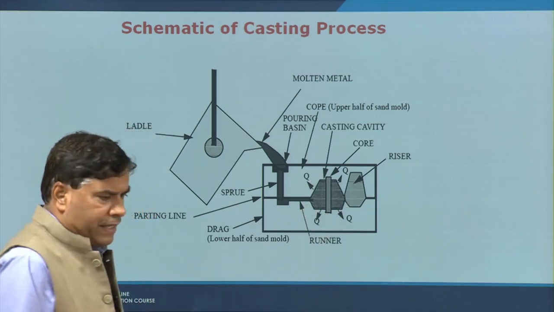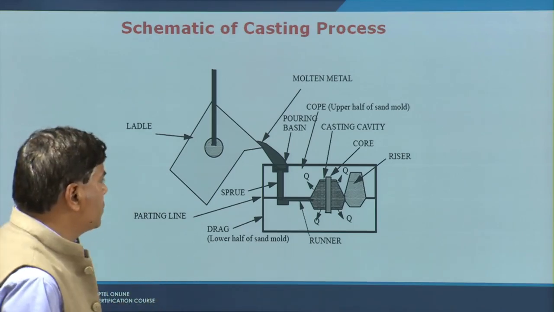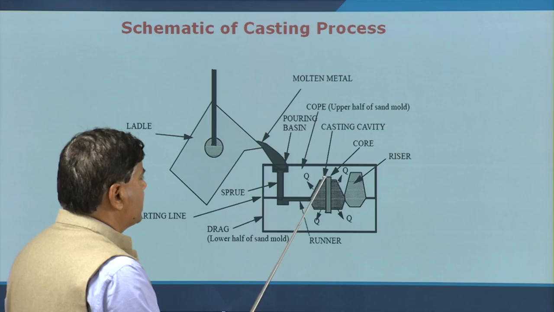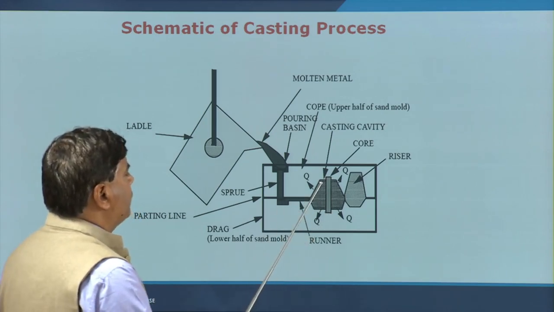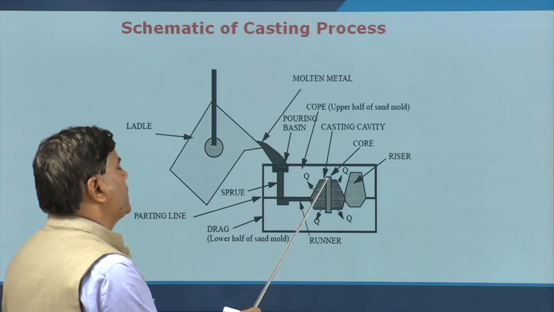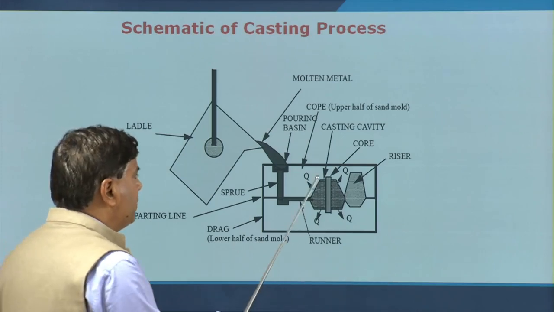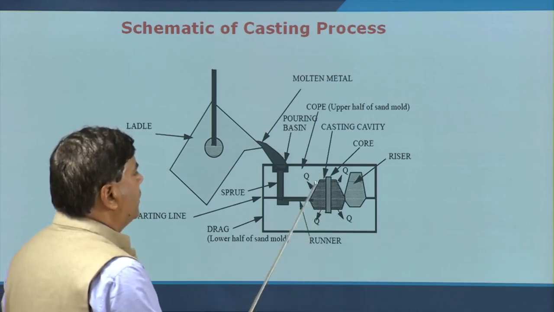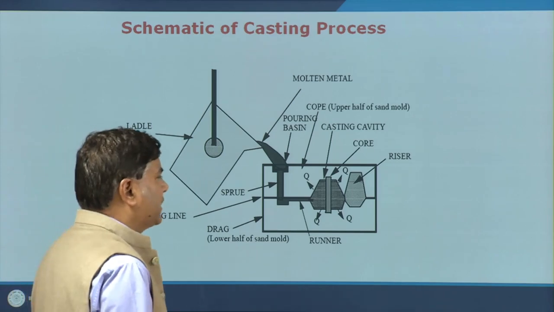For making the cavity in the castings, core is used so that it can be taken off subsequently. When the molten metal is filled in, the presence of the core avoids the filling of the molten metal in this region, and the core is taken out subsequently on the solidification of the casting.